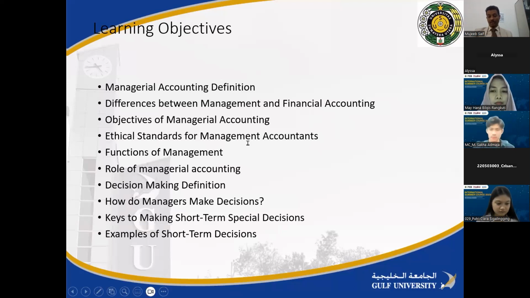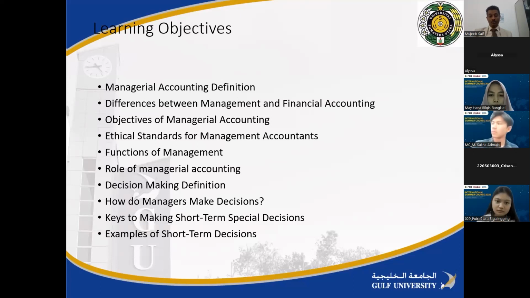It's not like financial accounting, where accounting standards control our work and performance. Here we have ethical standards.